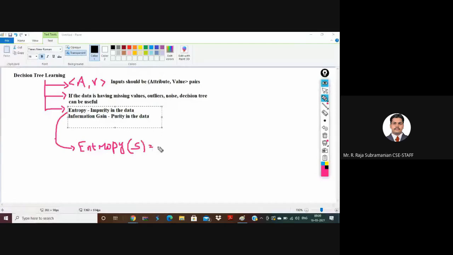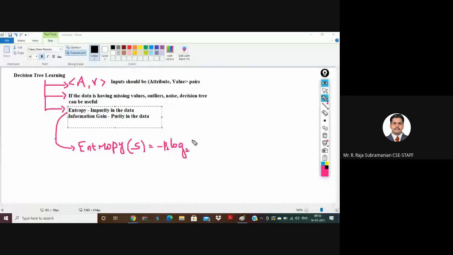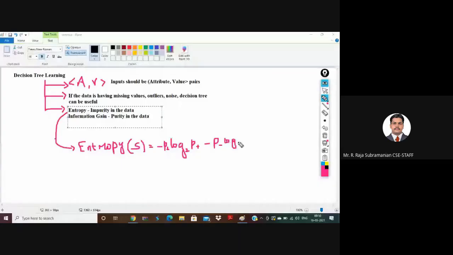Minus P positive log base 2 P positive, minus P negative log base 2 P negative. So this is the formula for entropy.